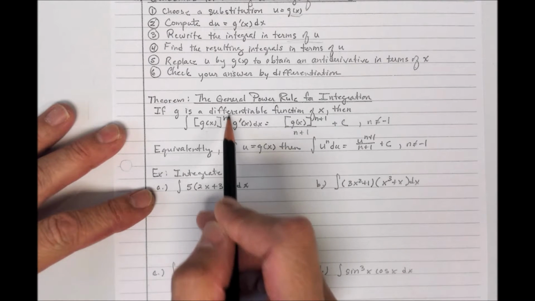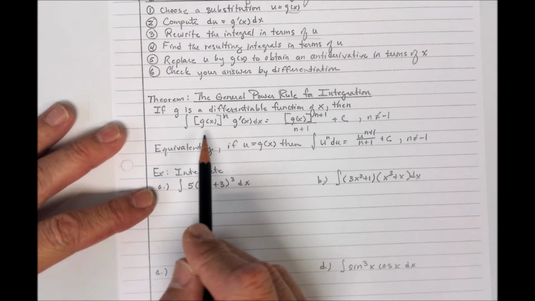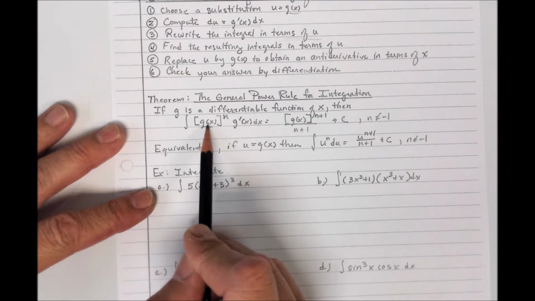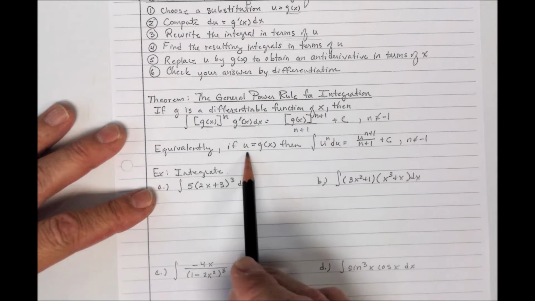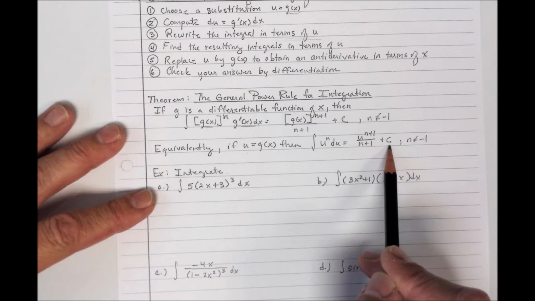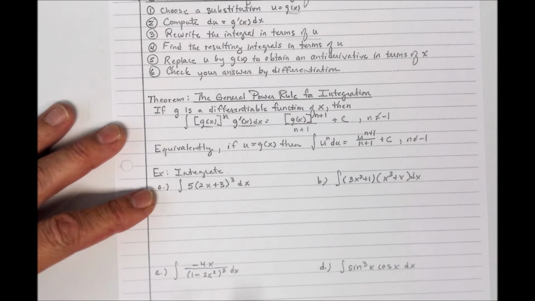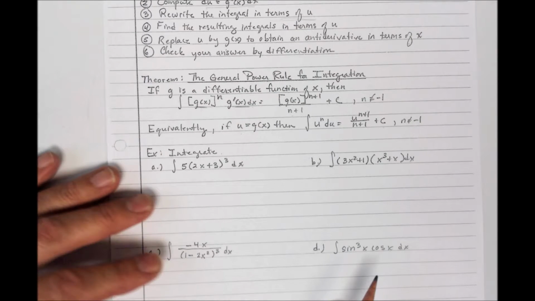We add 1 and divide by that. That's just the power rule for integration. We're just generalizing it as we have our u and our du here, right? And plus c. So we can put that in and notice that I get u to the n plus 1 over n plus 1 plus c, as long as my n does not equal a negative 1. So I can integrate these. This is not that bad. So that's what I have here in these next few examples.